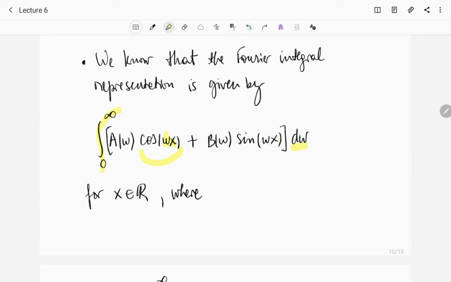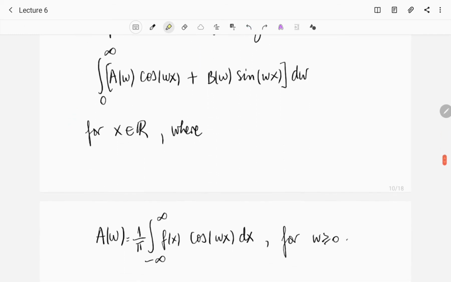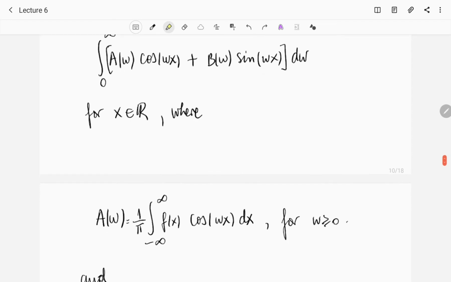So this is our new favorite element of the lecture. And x now is in the whole R, because now our function is defined on the whole real line, and it's not periodic.